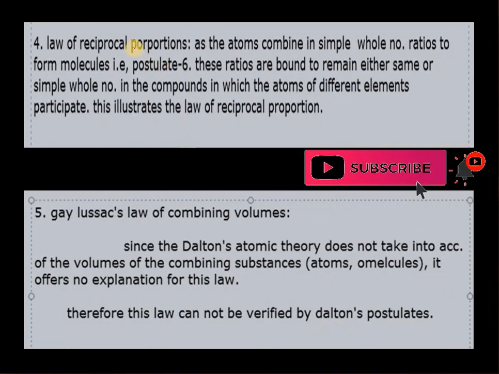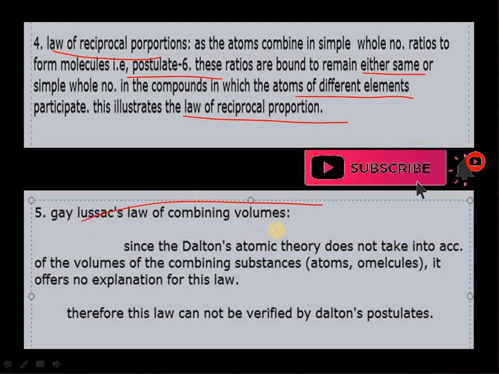The second last is the law of reciprocal proportion. As atoms combine in simple whole number ratios to form molecules, postulate 6 is used by Dalton. These ratios are bound to remain either the same or a simple whole number in compounds in which atoms of different elements participate. So this illustrates the law of reciprocal proportion.